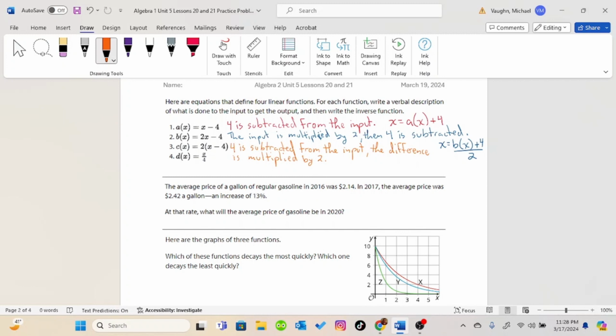The inverse, we would need to divide both sides by 2, then add 4. So x would equal c of x divided by 2, and then add 4.